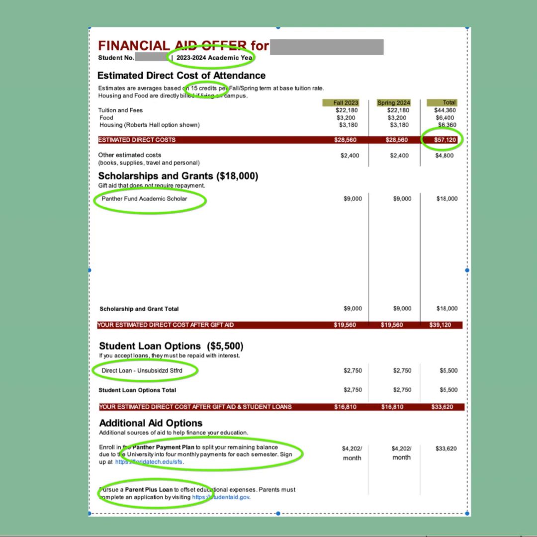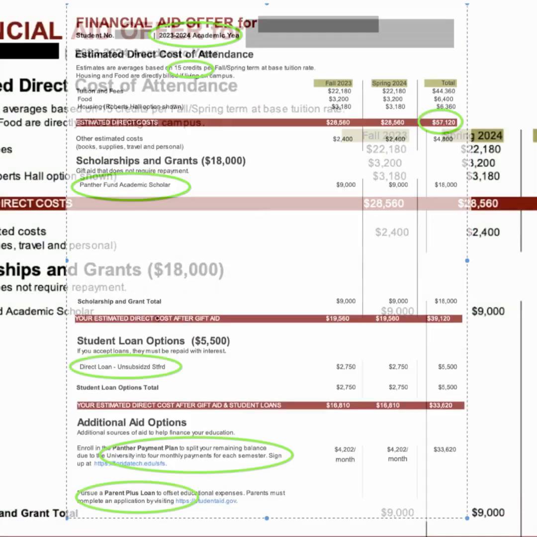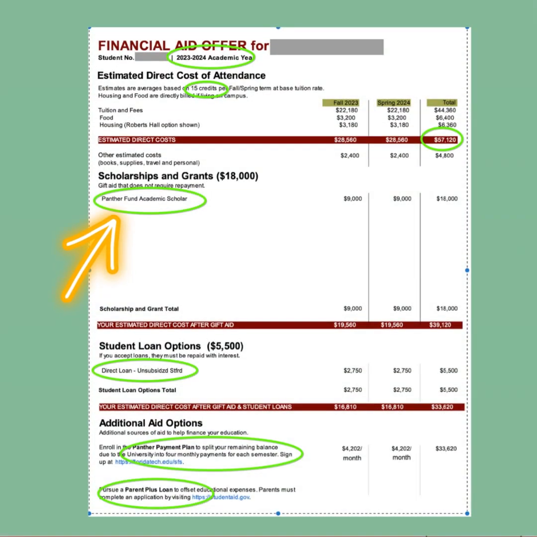Then this particular student got a Panther Fund academic scholarship, $18,000 a year. This is gift aid that does not require repayment. So that is awesome. $9,000 a semester. If they'd gotten any additional scholarships or grants, they would have been listed here. So it's saying they got $9,000 off a semester.